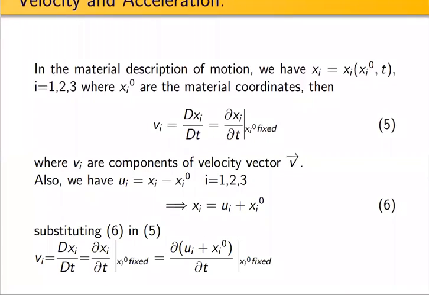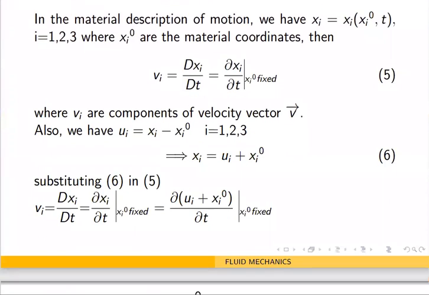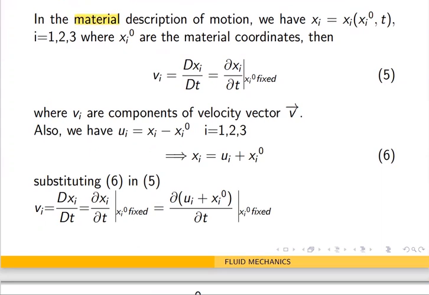In the material description of motion, we have xi in terms of xi naughts and t. Xi naughts are the material coordinates. Then vi, the components of velocity, is equal to D xi by dt. It is nothing but differentiation of xi with respect to t. What are fixed?